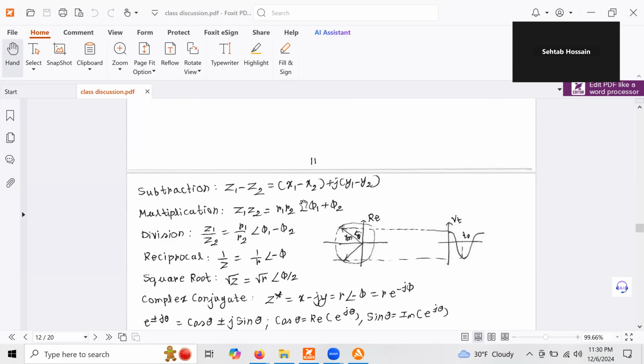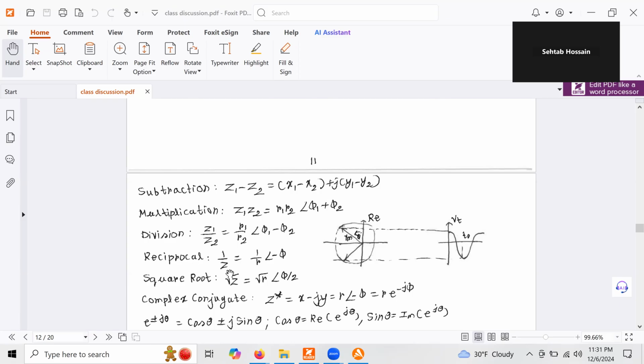For the case of multiplication, the two signals' amplitudes will be multiplied and their phases will be added. And what about division, Z1 over Z2? Their amplitudes will be divided, R1 over R2, and their angles will be subtracted.